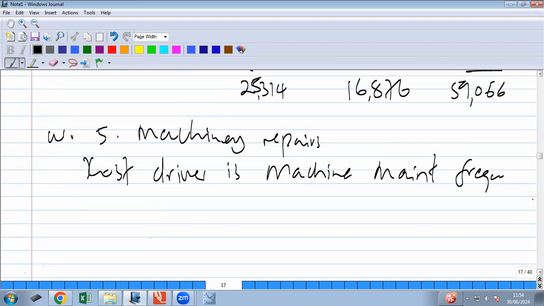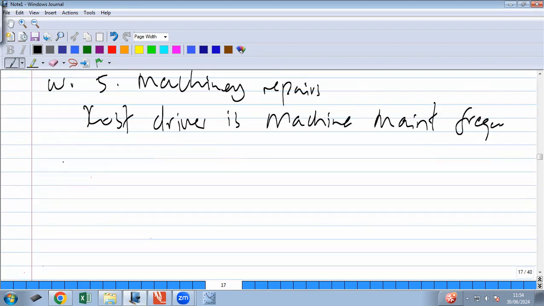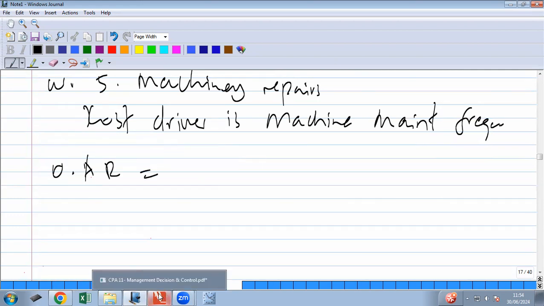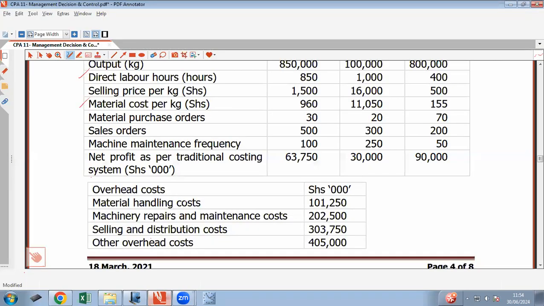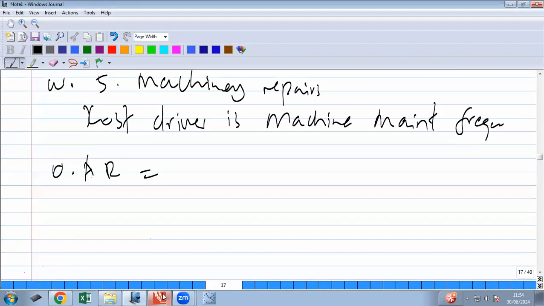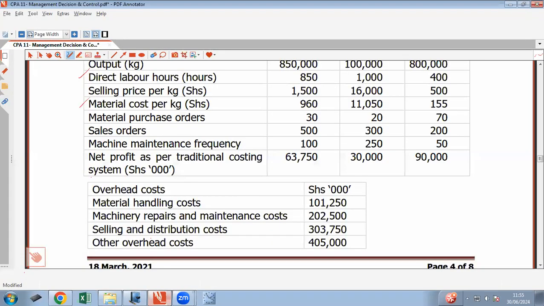Okay, if that is the case, then we are going to say our overhead absorption rate equals the total figure for machinery repairs and maintenance, 202,500, divided by the frequency.